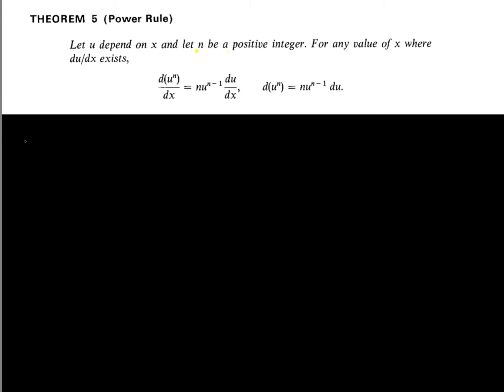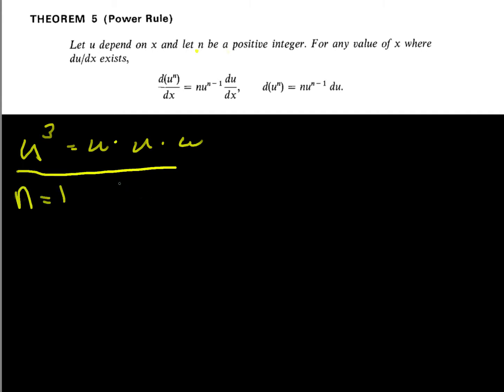So, say, u cubed is just u times u times u. We'll use that idea and the product rule that we already have to get a sense of how to do this rule. So the first case we look at is when n is 1.